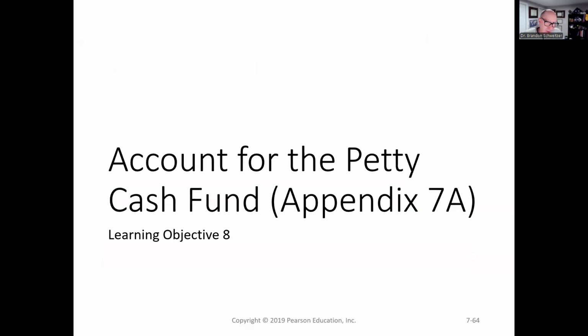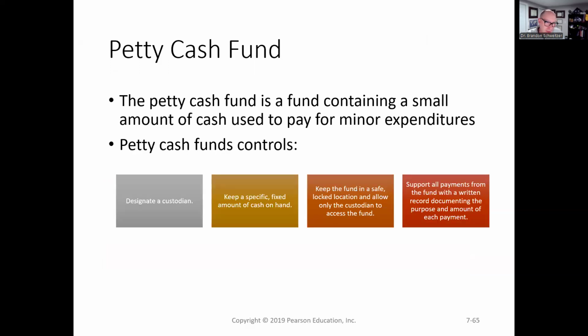And the last thing I want to talk about today is called the petty cash fund. These are pretty common in businesses when it comes to paying for small, quick things. At the hotel, we used to have a petty cash fund at the front desk, and the company would use it to pay for small things like postage stamps, shipping of small packages, paying for a customer's cab ride from the airport, just small expenses.